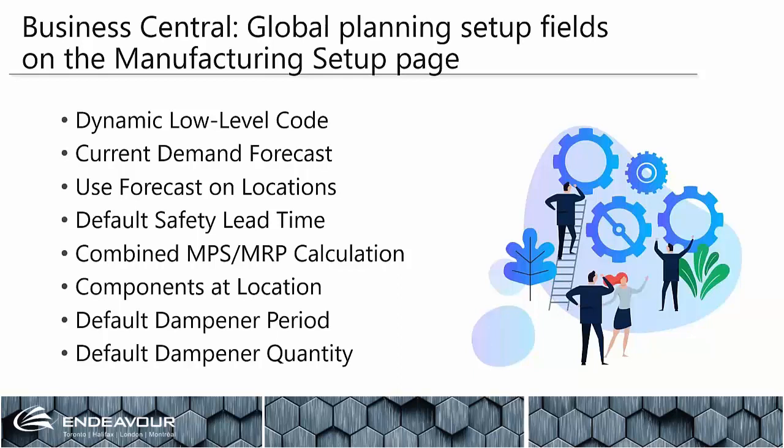Those two fields, dampener period and dampener quantity, are mainly used for the action messages that we see on the planning engine suggestion lines. We'll take a look in the system and we'll see them in a minute, but the definition of dampener in general, dampener period, dampener quantity, is, for example, a period. If I identify a dampener period of 1 week, that means I'm telling the system if there are minor changes in the demand size for a timeline.